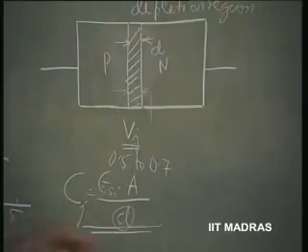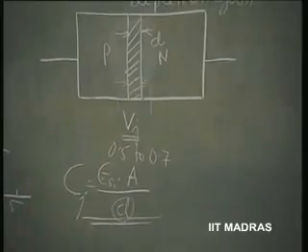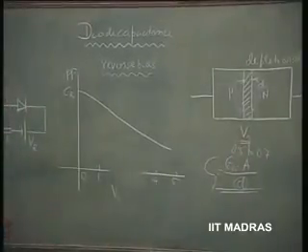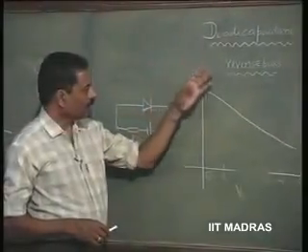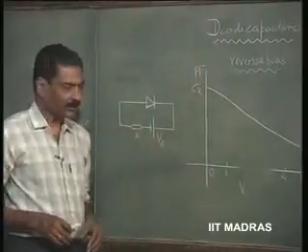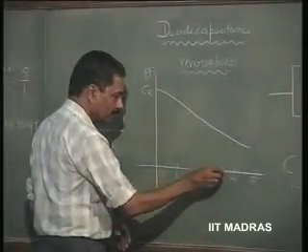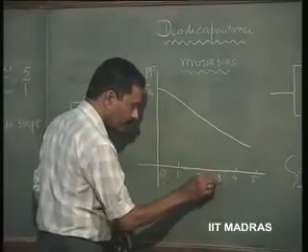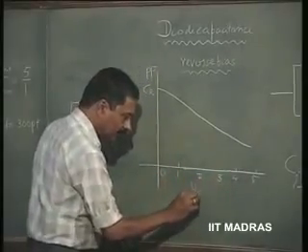So, this kind of property of the junction, if it is exploited, then that particular diode becomes a special diode. You can say it is a diode specially used for its capacitance, and the capacitance is going to be dependent upon the reverse bias voltage.